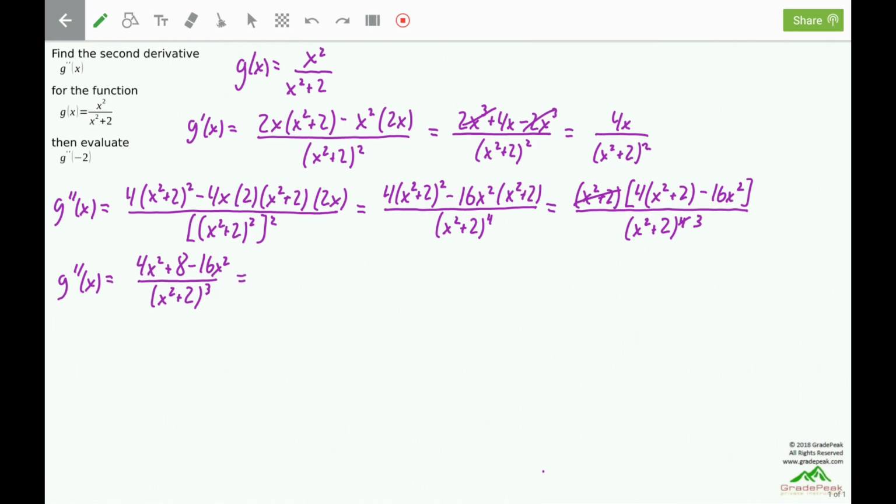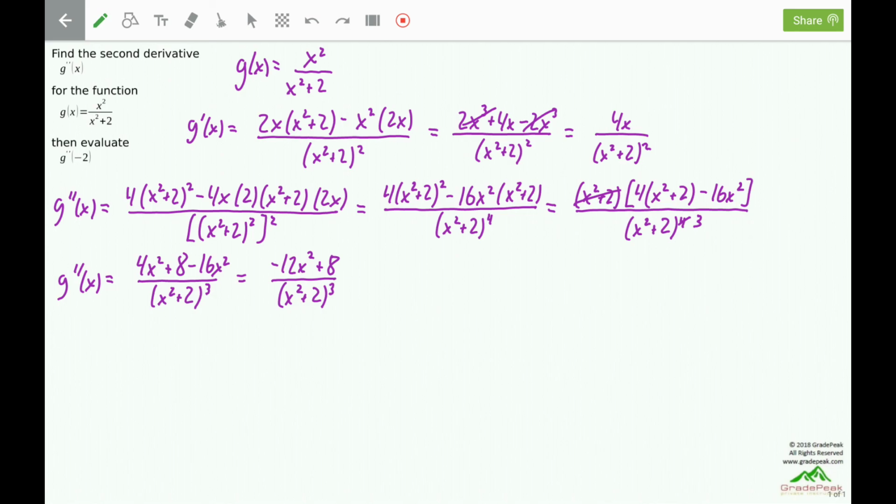A 4x squared and a negative 16x squared can be written as a negative 12x squared. We have plus 8, and then all of that over x squared plus 2 quantity cubed. So there's the factored and simplified version of g double prime of x, the second derivative.